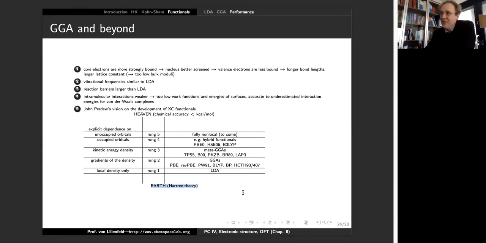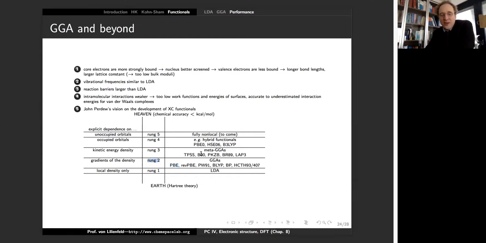This is the SCF idea, and we can work our way upward here, right? By including more physics. So the first rung is the LDA functional. What have we done here? We have the Slater determinant, and we have that exchange correlation potential, which we just discussed. Then you add gradients on top of that, and then, for instance, this PBE functional, which we just discussed. This should improve your accuracy, and this is what we call rung 2.